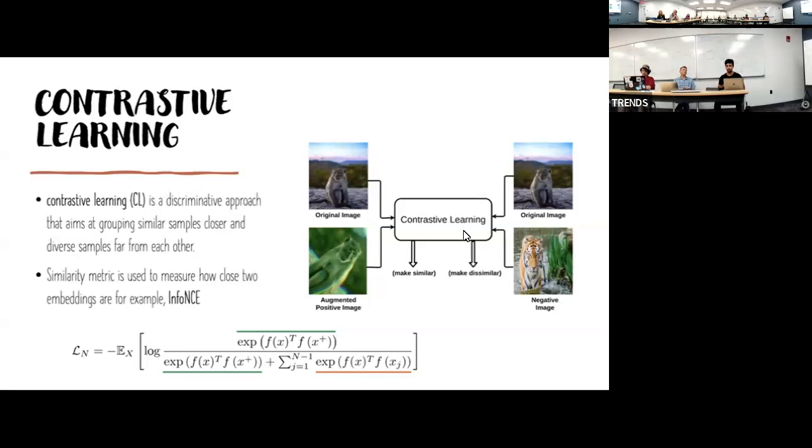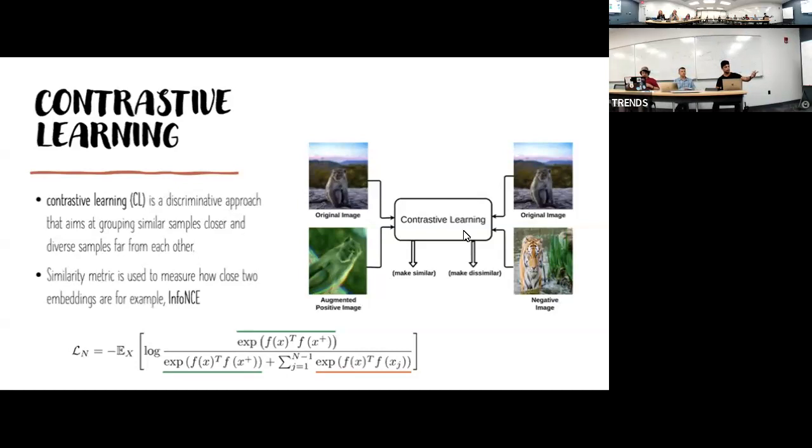Now, in order to check whether two images are similar or dissimilar, you have some metrics called similarity metrics. In the context of natural language processing, you must have heard about cosine similarity, where you can see how similar two vectors or two embeddings are. But in the case of contrastive learning, you have InfoNCE as well as Infomax.